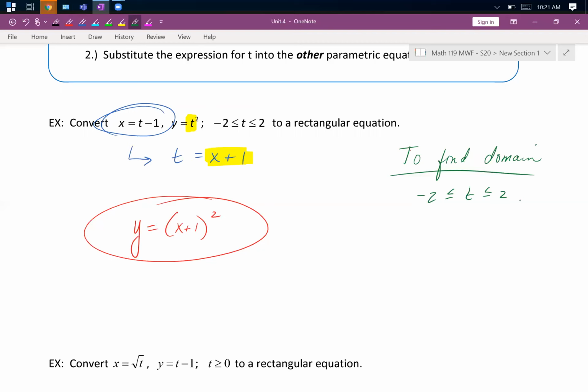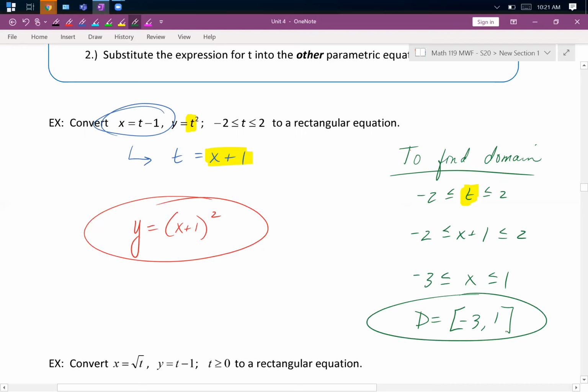So I'm going to substitute that x plus 1 in for this t over here and then solve for x, and that'll give us the domain in rectangular. Subtracting 1 from all sides, we get x to be in between -3 and 1. So if you are asked for the domain, we can find it that way.